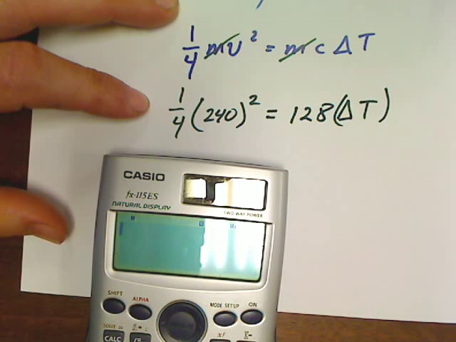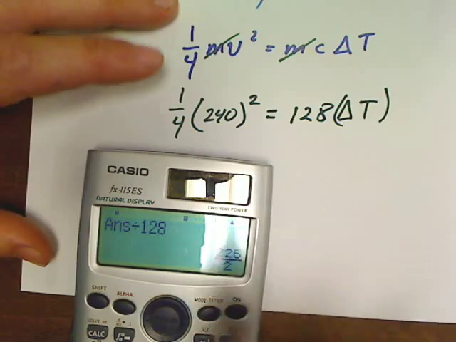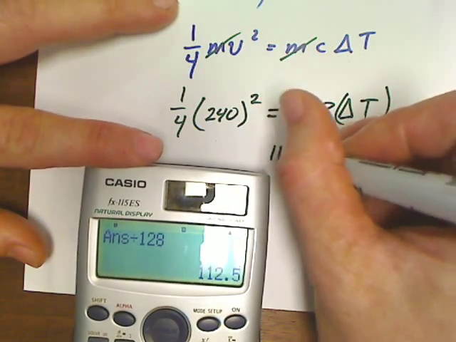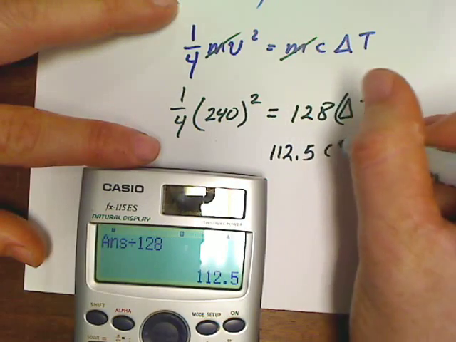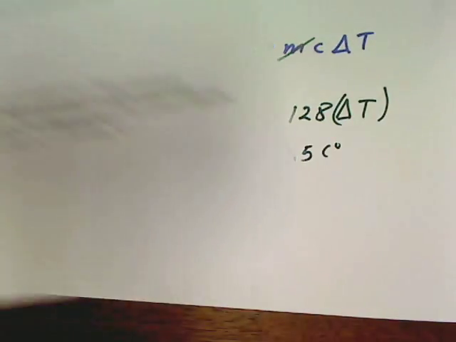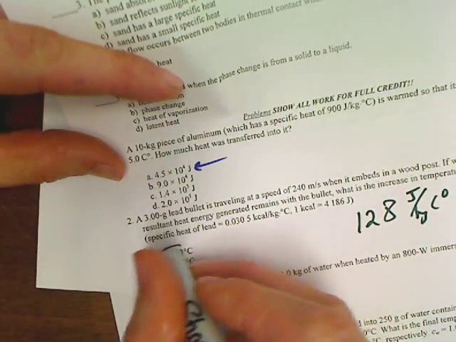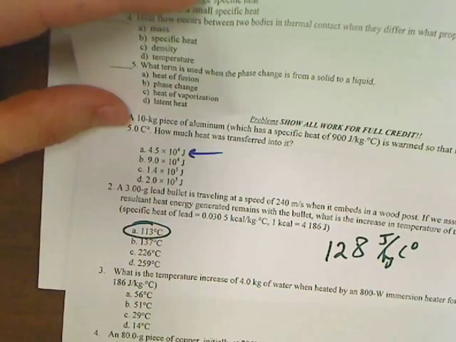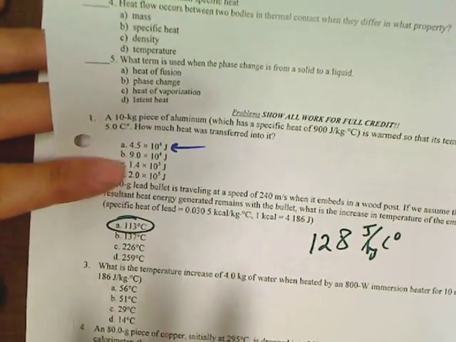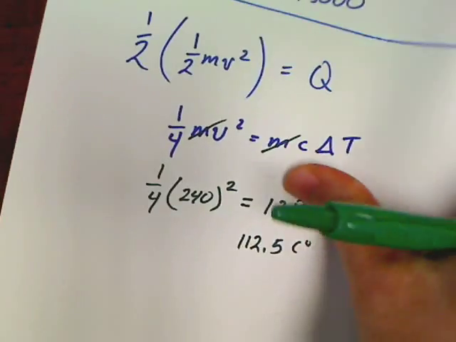This would be 1/4 times 240 squared divided by 128. So I got 112.5 Celsius degrees, and that's great because that's answer A on the homework. So awesome. So let's go and do number 3 now.